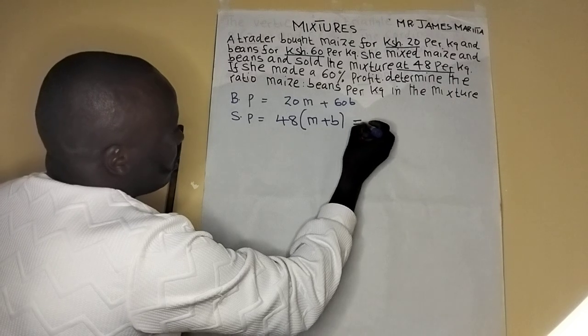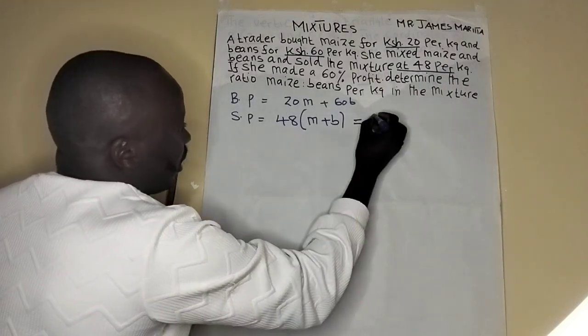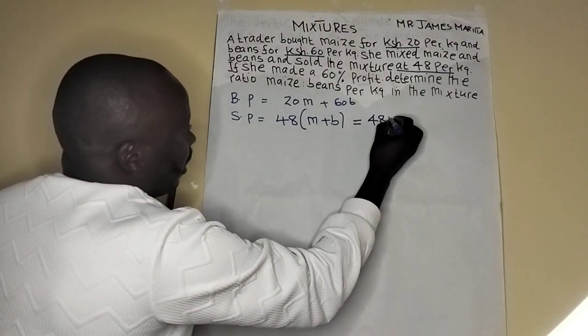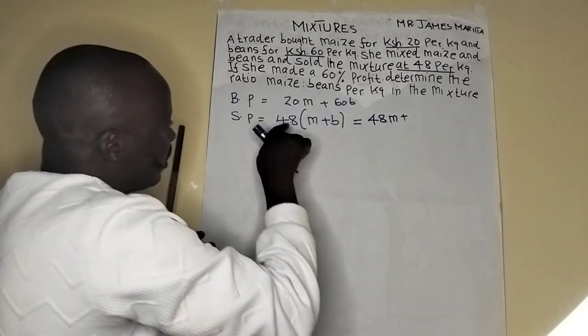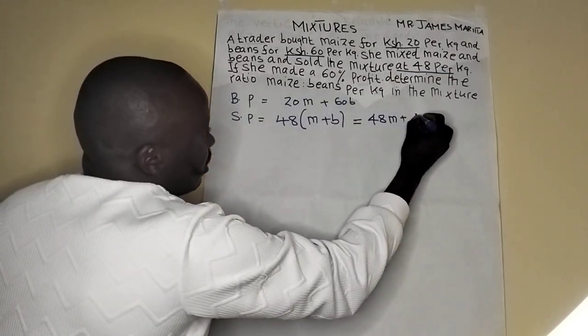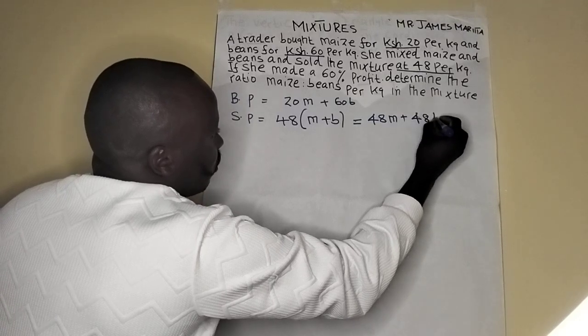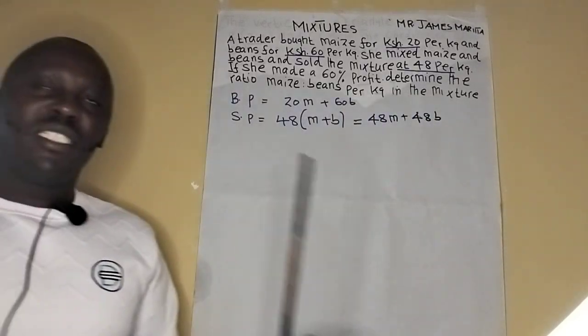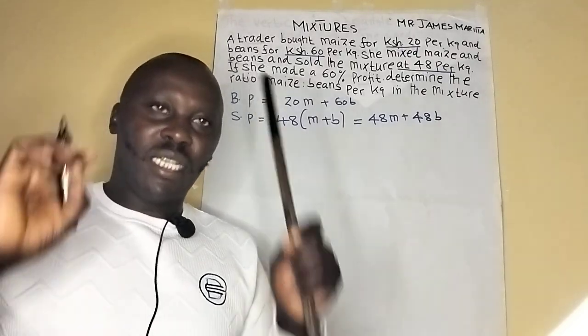So this is equivalent to 48 times M, which is 48M, plus 48 times P, which gives us 48P. This is the selling price.